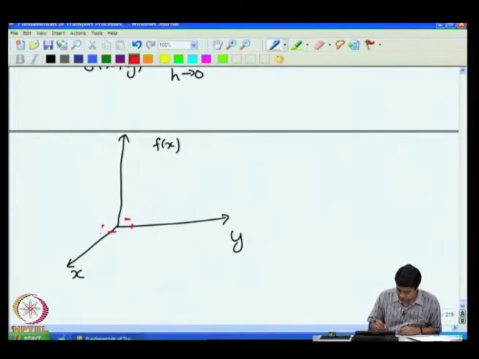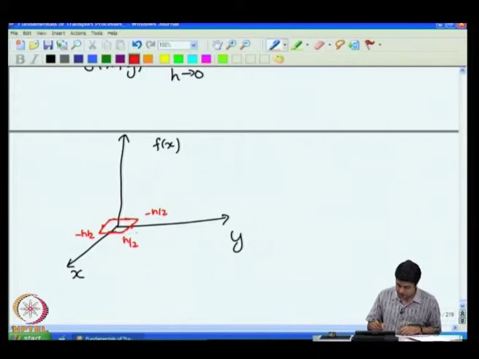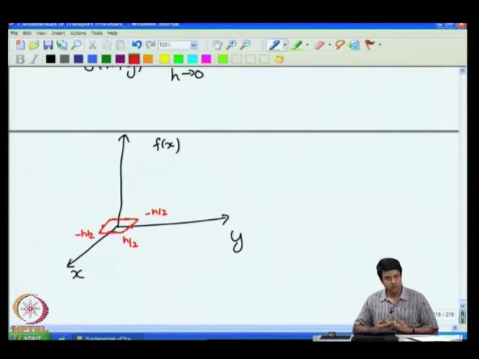That means that only within this rectangle between minus h by 2 and h by 2, both in x and in y, this is minus h by 2 in x and h by 2 in x, as well as in y. It is only within this rectangle around the origin that this is non-zero.